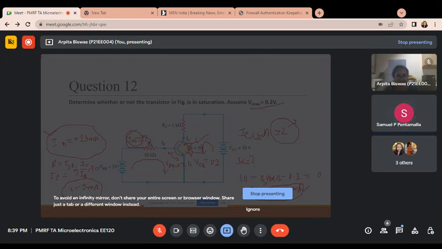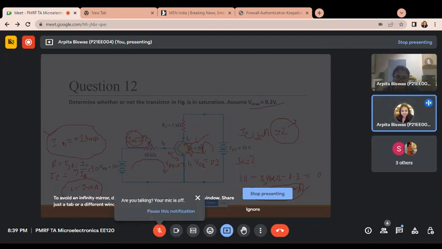Let's see. At first we calculated the IC current when the circuit is in saturation, the IC sat, and that value is 9.8. Then we calculated the input current, which is 0.23, and from this IB and the beta value we calculated the IC current, which is 11.5.